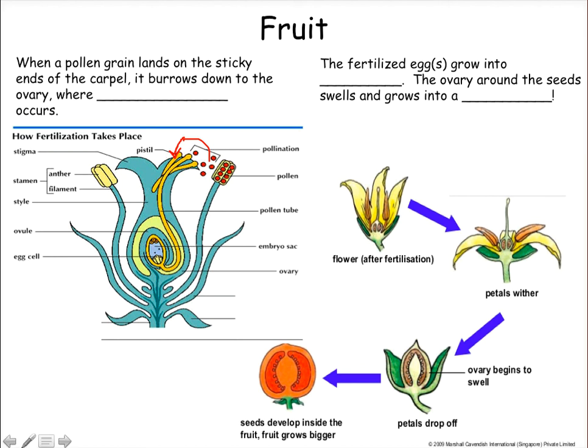It will burrow down the carpel. I'm going to just draw this little dash line. This yellow tube here represents the tube made by the burrowing male sex cell so that it will get down into the ovary of the plant. And here, fertilization will occur.